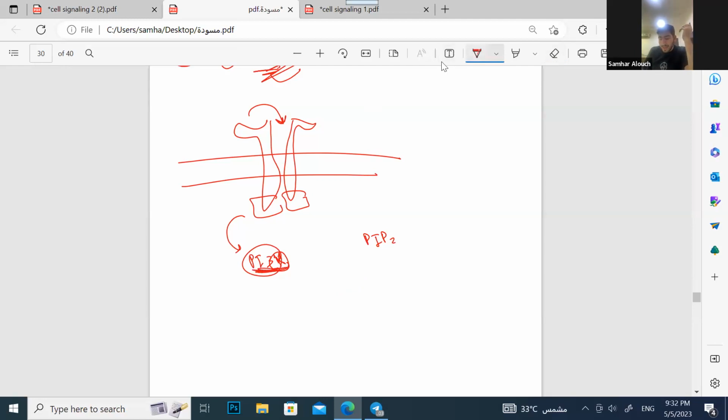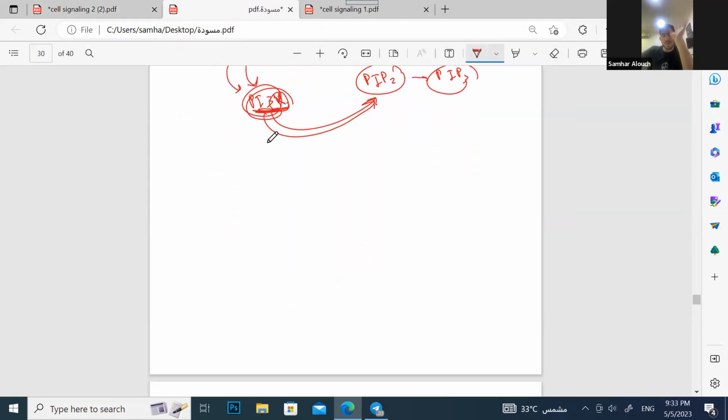Since PI3K is a kinase, it goes here and makes it PIP3, because it's a kinase, it adds a phosphate. So now we have PIP3. So again, ligand binds, tyrosine kinase is activated, tyrosine kinase activates PI3K, PI3K goes to PIP2 and phosphorylates it, making it PIP3.